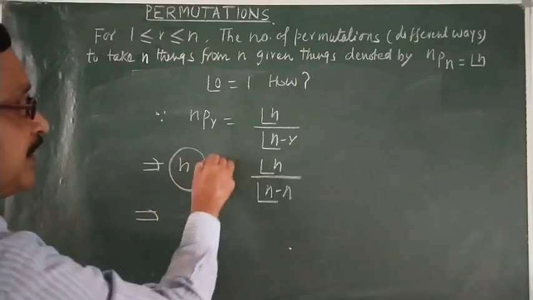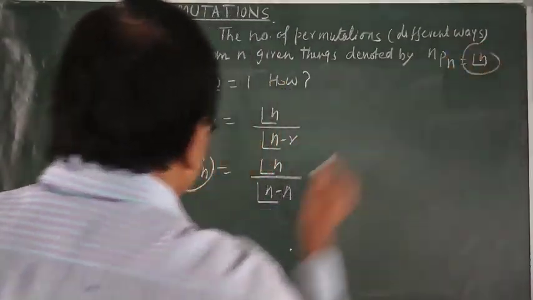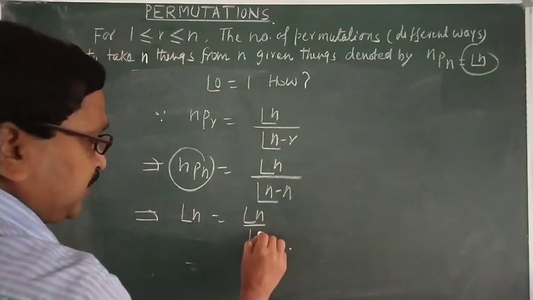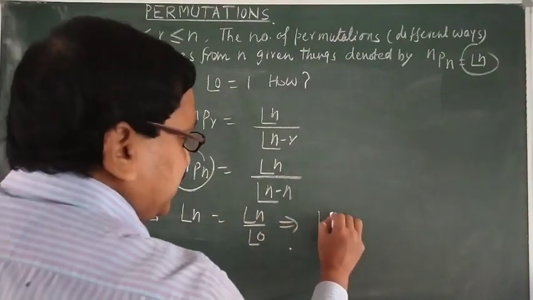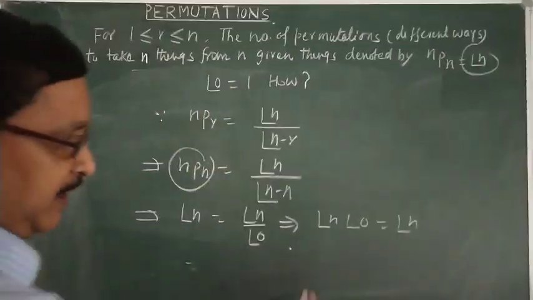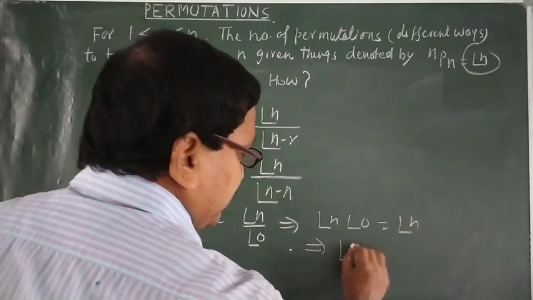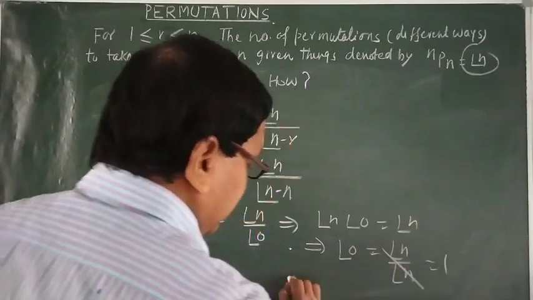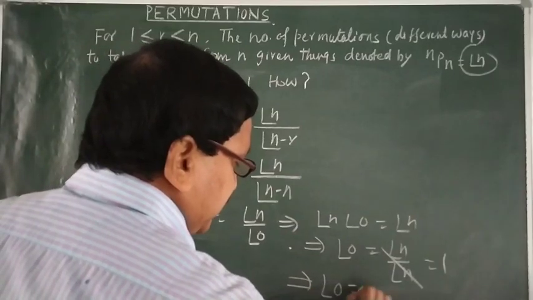But nPn is already proved to be factorial n. So factorial n is equal to factorial n upon factorial 0. So factorial n times factorial 0 is equal to factorial n, and hence factorial 0 is equal to factorial n by factorial n, which cancels, giving 1. Hence factorial 0 is equal to 1.